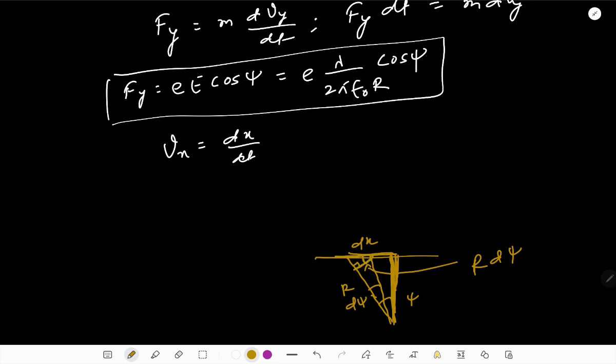So this angle is also going to be d psi. This angle is also going to be d psi. So I can write here dx cos psi will be equal to r d psi.